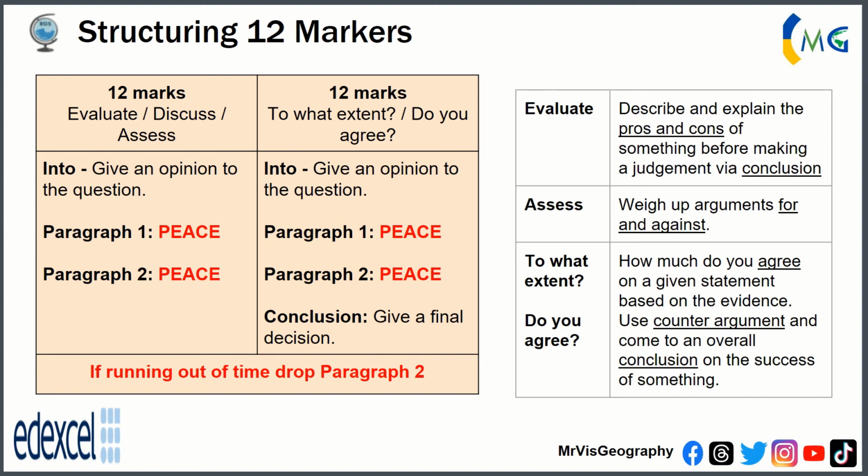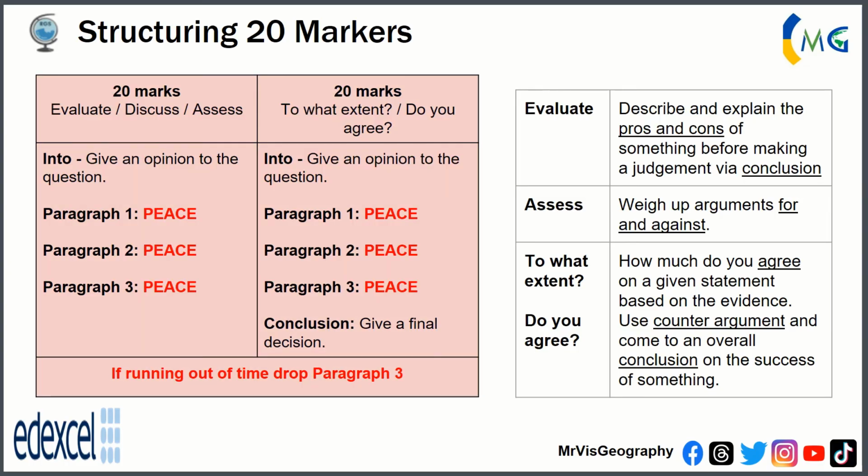You do the same as a 9, but beef it up a lot more, because you're a level above. You're basically doing A level now. And when it comes to the biggie, the 20 marker for A level, it's the same structure again, with the same type of command words. You just have to add a third paragraph. Same rule of thumb: if you run out of time, scrap paragraph 3. Make sure you've got 2 smashing paragraphs rather than 3 very average paragraphs.